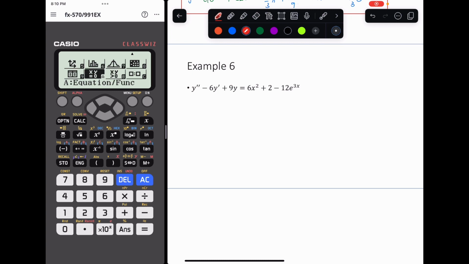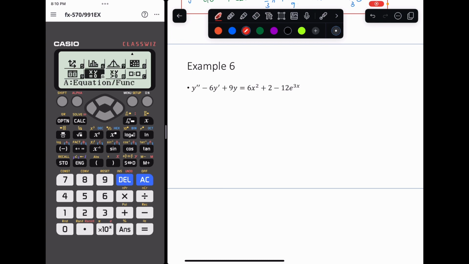To resolve such equations, we need to multiply the duplicated term by x, until all of the terms in both the particular solution and the complementary solution are unique with each other.